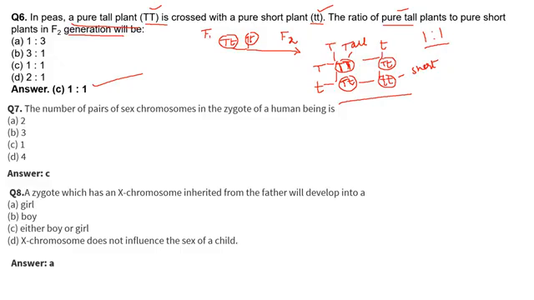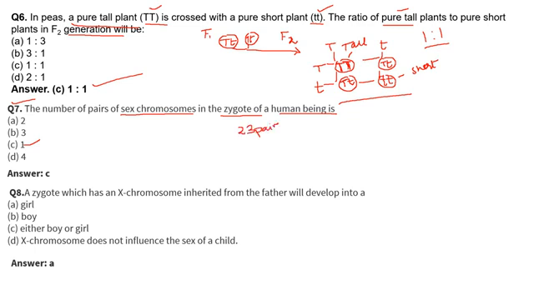Now coming to question number 7, the number of pairs of sex chromosomes in the zygote of a human being is. So for the pair of sex chromosomes in the zygote of a human being, definitely there is only one pair of sex chromosomes, right? Because how many chromosomes do we have? We have 23 pairs of chromosomes.